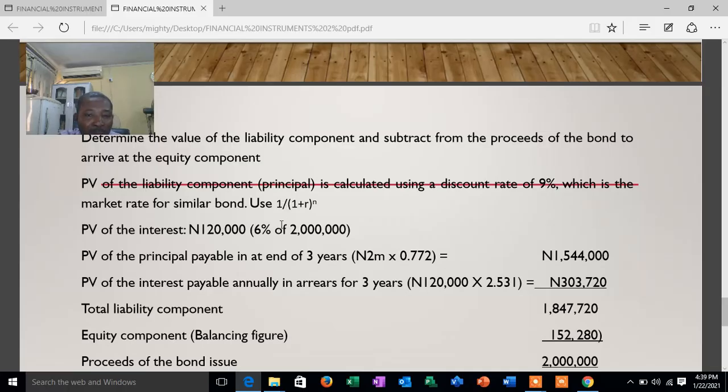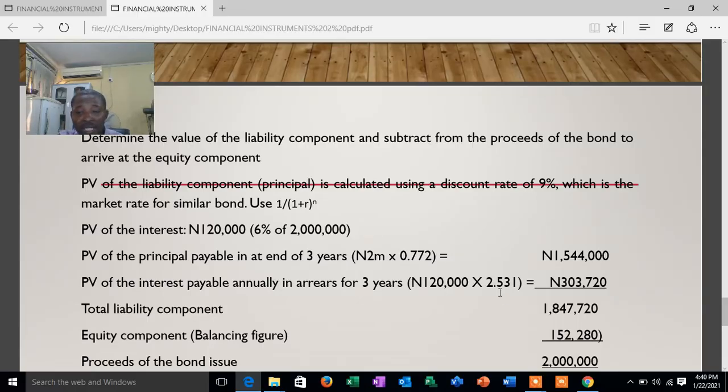Then for year two, 1 divided by 1 plus R, the interest rate again, 0.09, all over 2 for year 2. You do the same thing for year 3, 1 divided by 1 plus 0.09, power n, which is your 3. That's the third year. So they've been able to give us a single figure for the 3 years instead of stressing yourself to do it for each year.